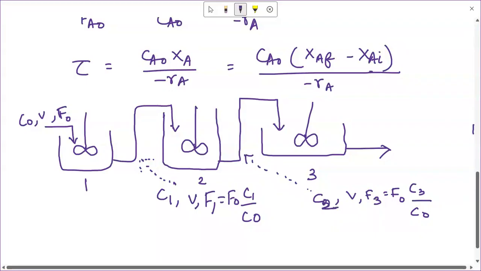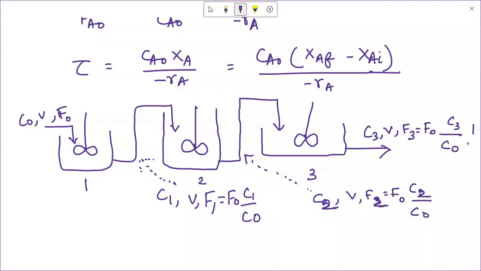C2, F2, and C2 by C0, and at the outlet, which is the final point from reactor 3, let me note that as C3 V F3 equals F0 C3 by C0. Okay, so this is the convention that we are going to follow.